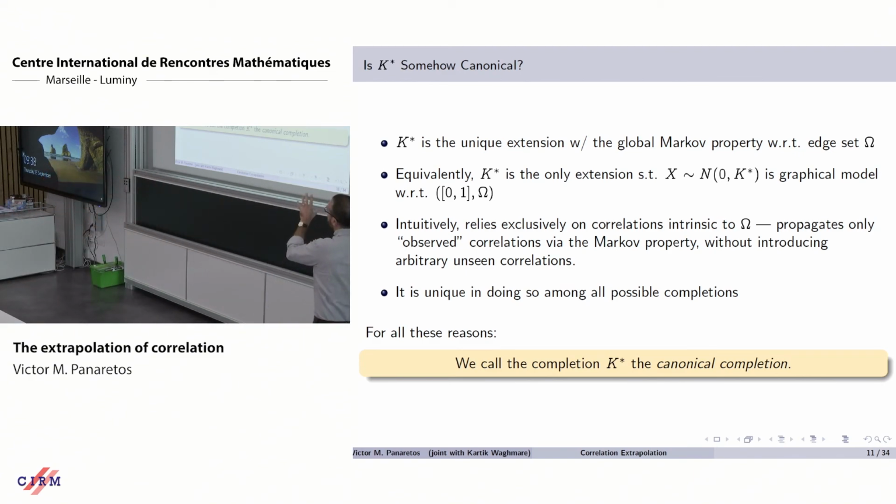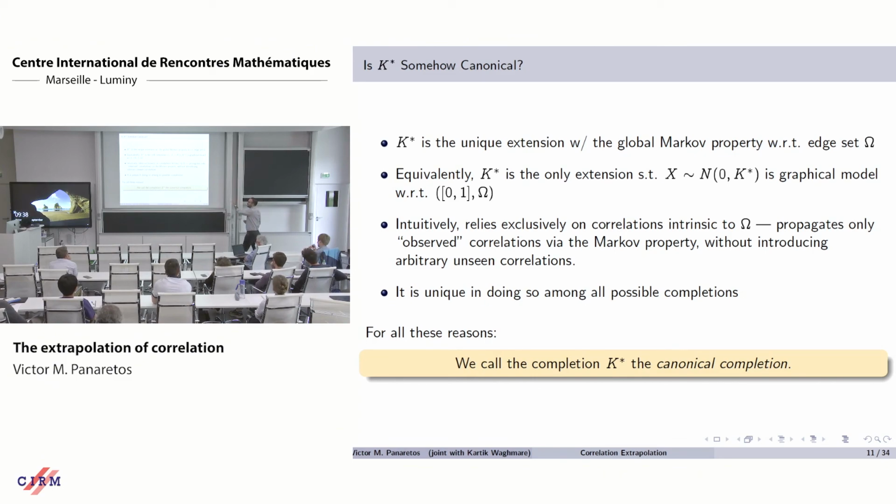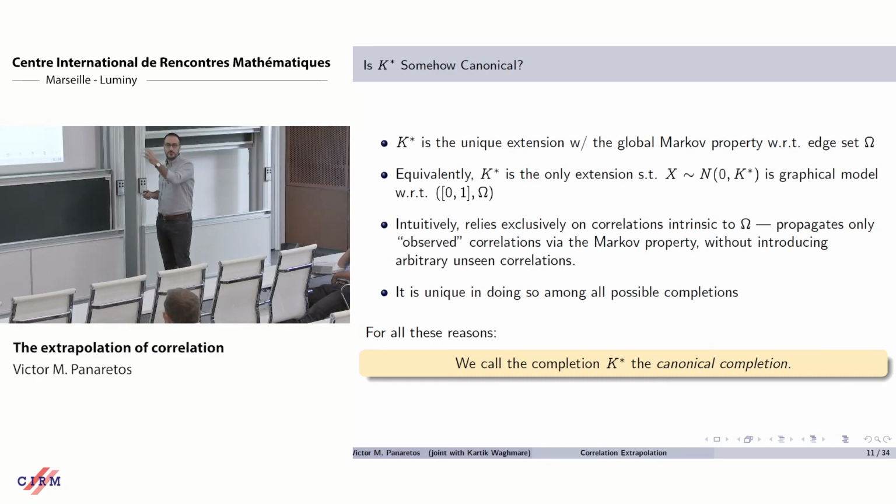And so the canonical completion, and you can make this very precise, but intuitively, it relies exclusively on the correlations that you have seen, and it propagates those correlations to a completion by way of a Markov structure. What kind of Markov structure? The maximal possible Markov structure you can fit into omega. And it is unique in doing so among all completions. And that's why we call this completion the canonical completion.